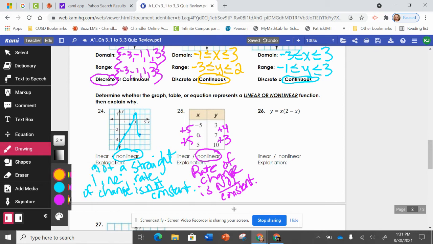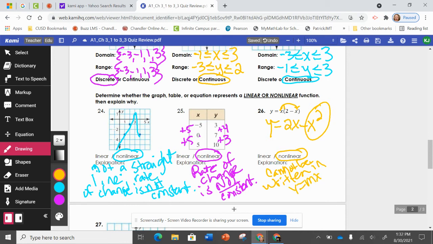For 26, if I distribute to get rid of those parentheses, x times 2 is 2x. X times x is x squared. Well, this x squared tells me this is not going to be linear. This cannot be written in y equals mx plus b form because you have an x squared.